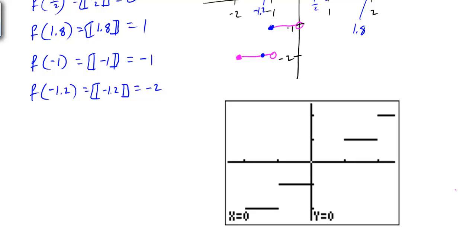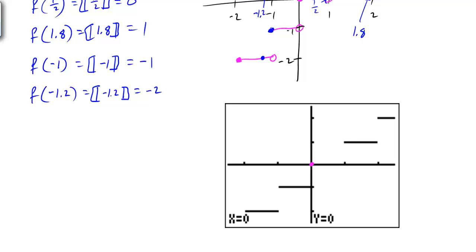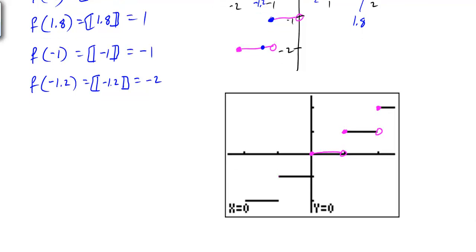And you don't really see the graph right here on the axis, so it should be here going over with an open circle, and then you would have a closed circle here and then an open circle, and then you'd have a closed circle here. So this is where you have to have a little bit of knowledge about this function, because the calculator doesn't show it to you as clearly.